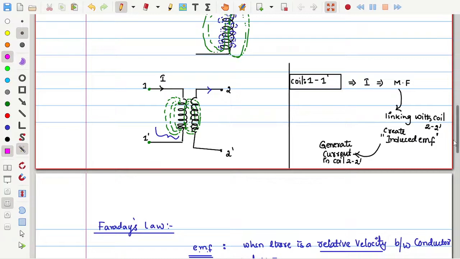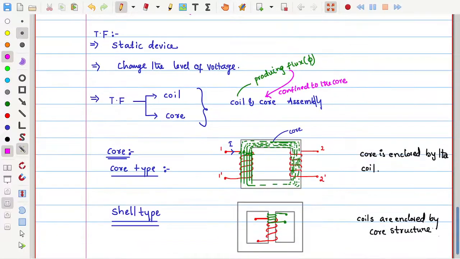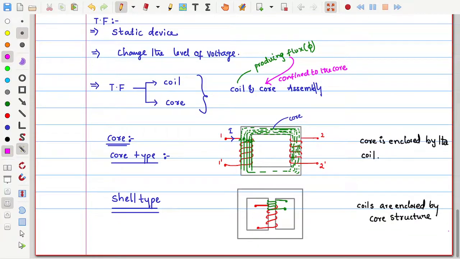So in order to get more flux linkage with coil two dash, we are using the core, and this coil's flux is linking with coil two, so effective power transfer can take place. Okay, right. Now let me see one more video, an animated video, to get a better understanding of these things.